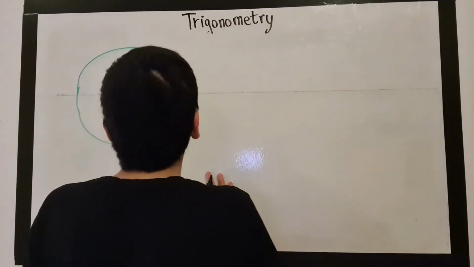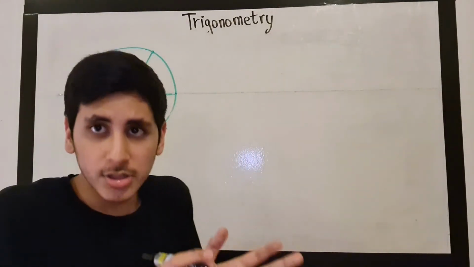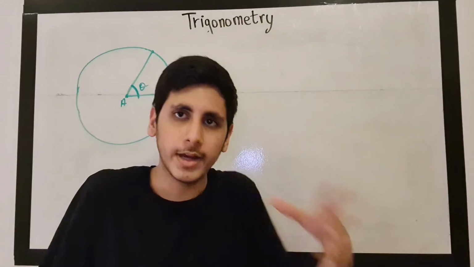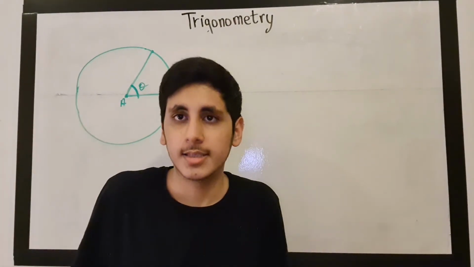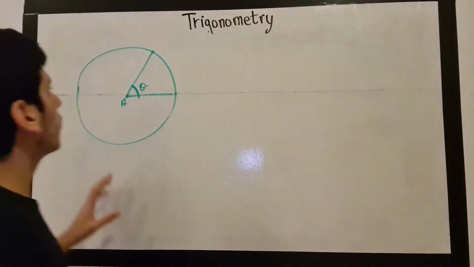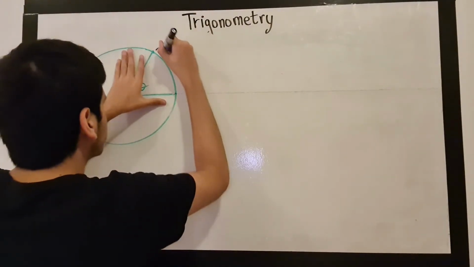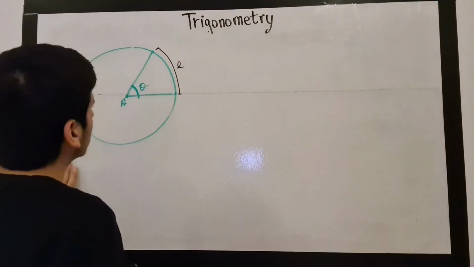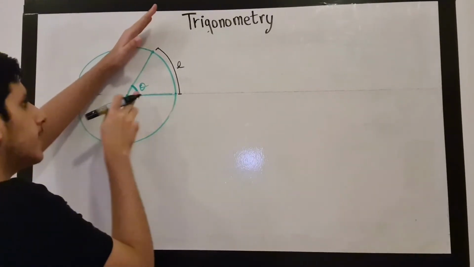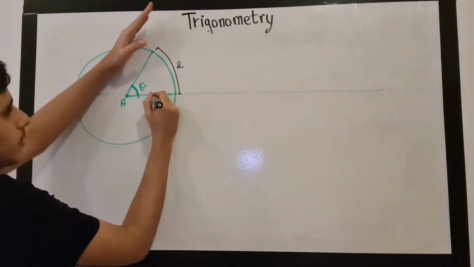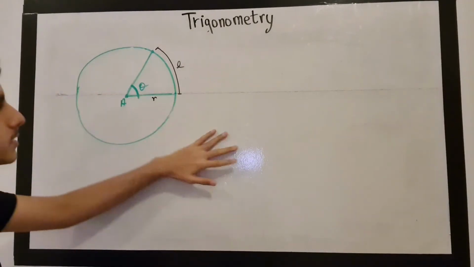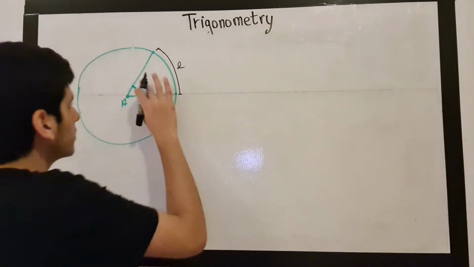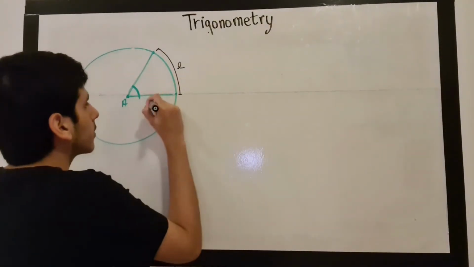Okay, so the formula is asking us to form a relationship between the length, the radius, and the central angle. Okay, now the length of this arc, say L, well, it subtends a central angle theta, and the radius of that circle is R. So this is theta.